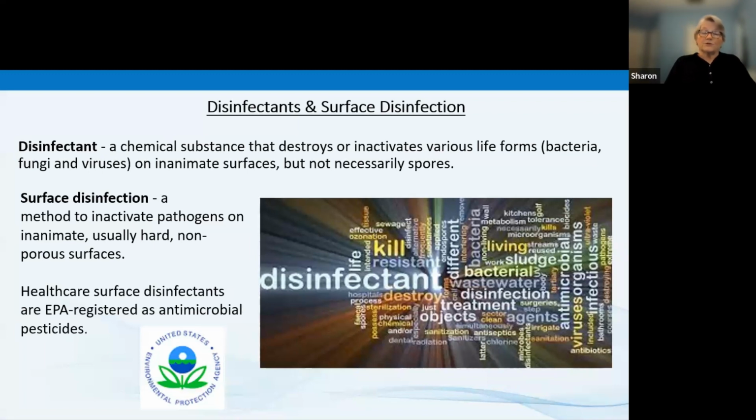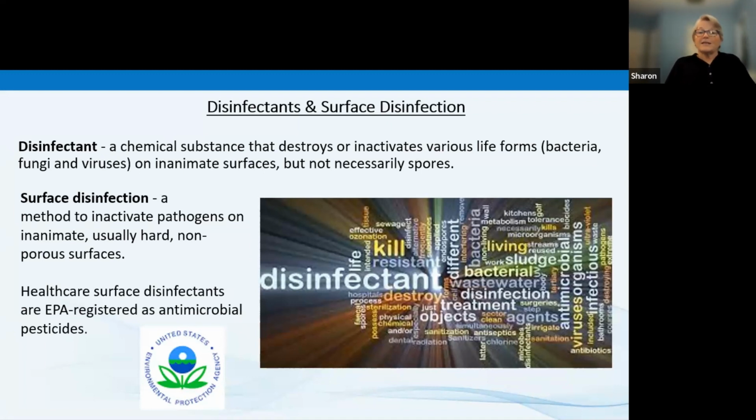It's Pseudomonas aeruginosa, which is a gram-negative, Staphylococcus aureus, which is a gram-positive, and Salmonella enterica, which is also another gram-negative. Now, EPA-registered disinfectants are what you should be using in your outpatient care setting because they have a proven spectrum of efficacy against organisms that you might encounter.